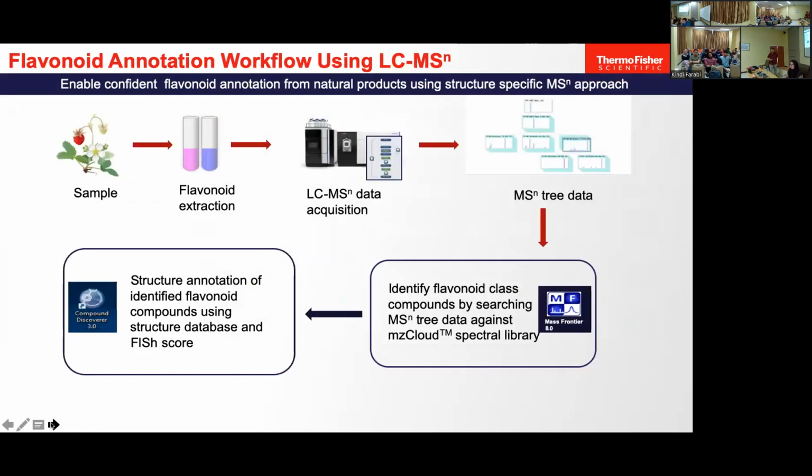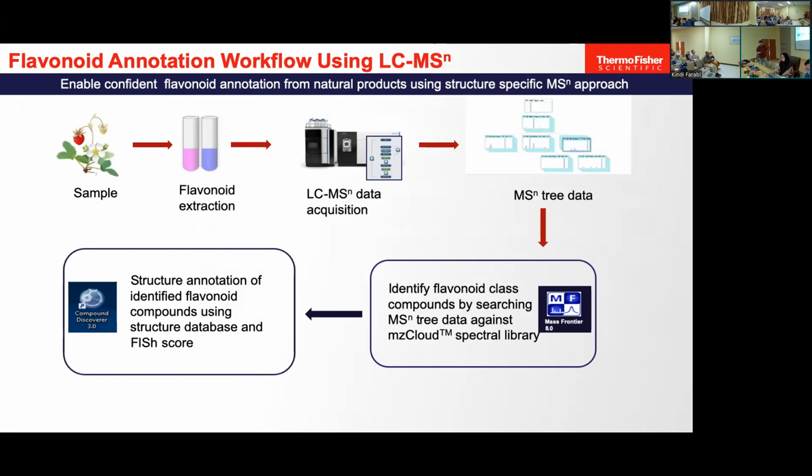This is the entire application workflow. With your sample, you do the sample prep and the extraction. You can use ACN, methanol, or DCM, it doesn't matter. You collect it and then acquire with LCMS. You create a method with an automated trigger, so when you find a certain compound, you are able to trigger MS2 and MS3.